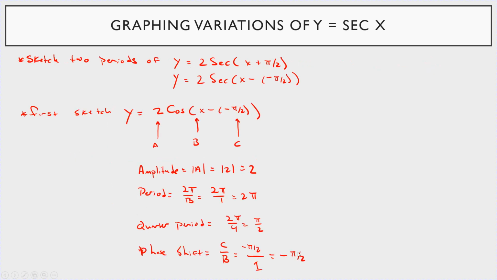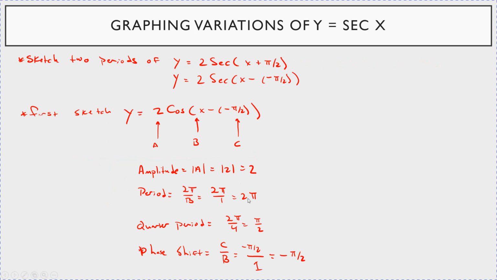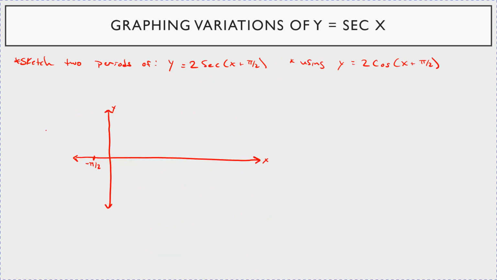Phase shift was negative pi over 2. And then the quarter periods were every pi over 2. So you're going to just keep adding them. 0, pi over 2, pi, 3 pi over 2, 2 pi, 5 pi over 2, 3 pi. And then the last one will be 7 pi over 2. And then the amplitude is 2.